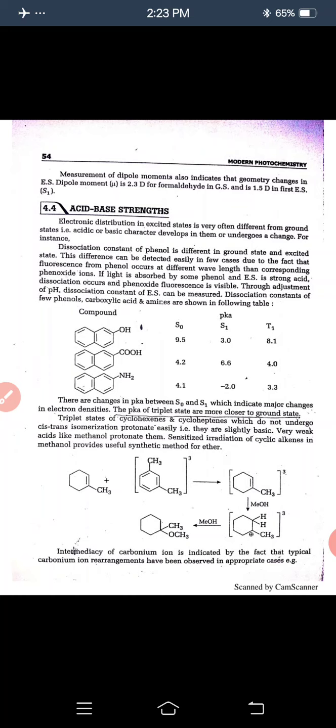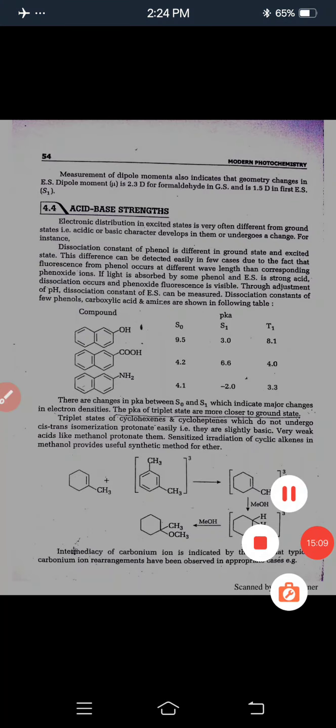S is sanitizer, M is mask, and S is social distance, because this is the pandemic time for the COVID-19 situation. Keep healthy. Thank you so much.